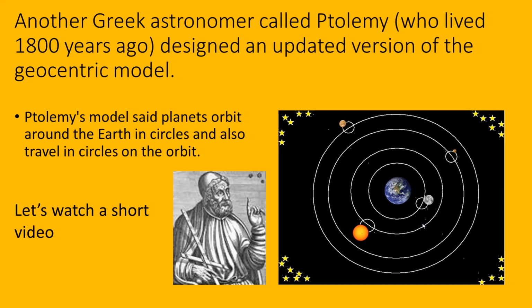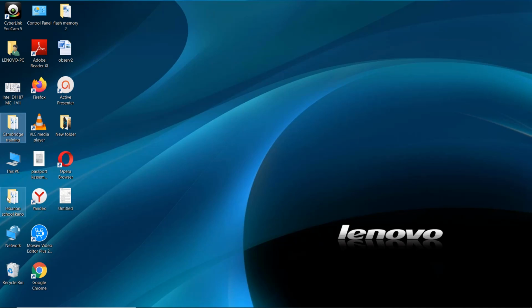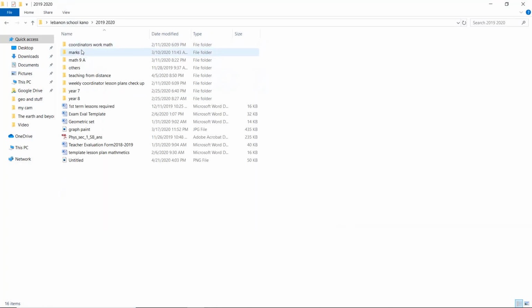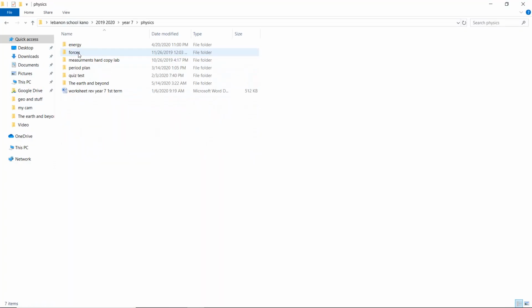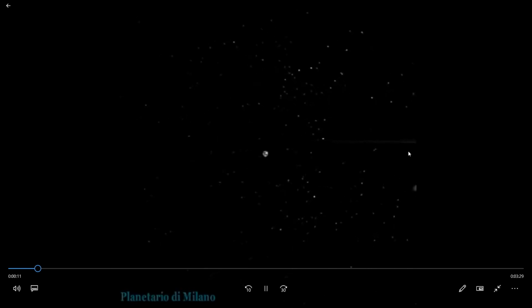There is a lot of difference between spinning and revolving. Let's watch a short video to make things clear. You see, this is the Earth, is fixed.